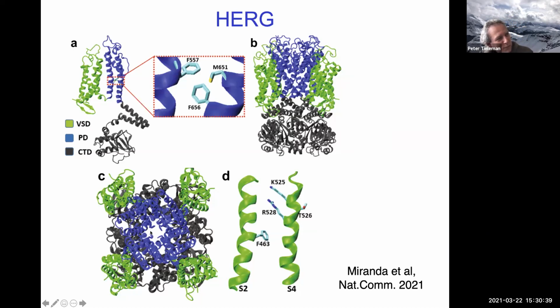But that's being disputed at the moment, at least for some drugs, because it looks like there are pathways for drugs to bind to the protein from the membrane. So rather than getting in the pore domain, it might bind to the pore domain from the outside, or it might bind to the folded sensor or some kind of interface between these different domains.